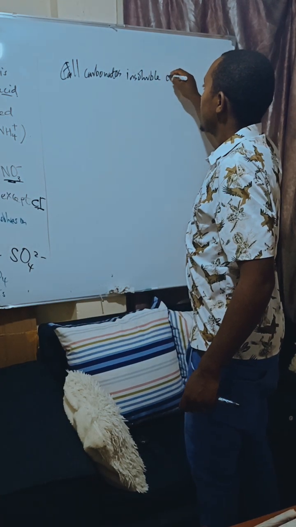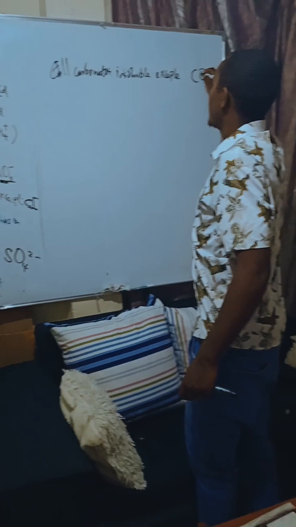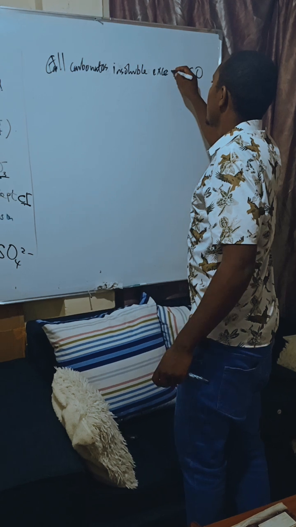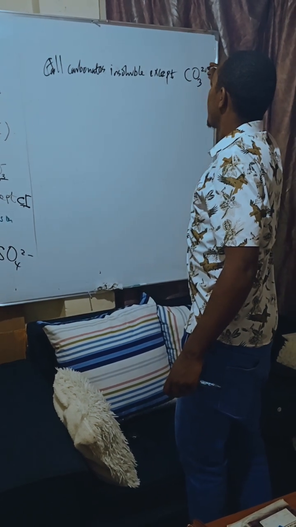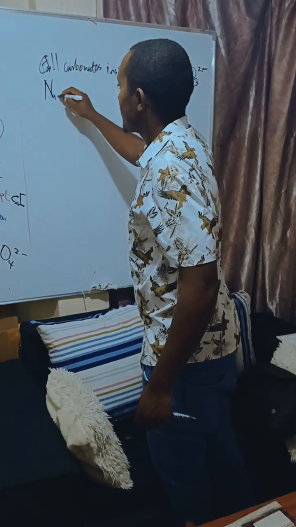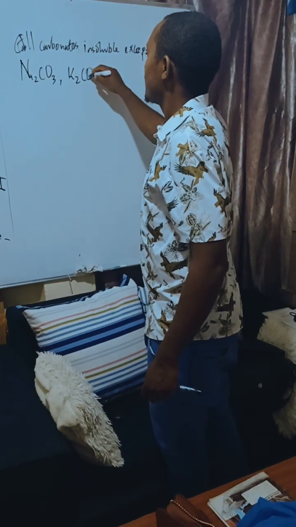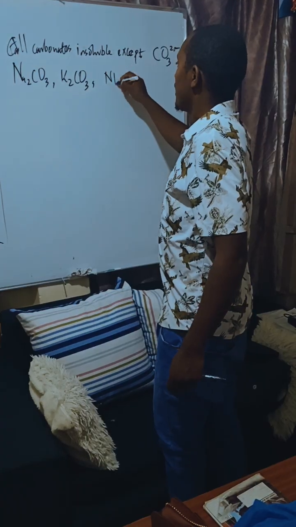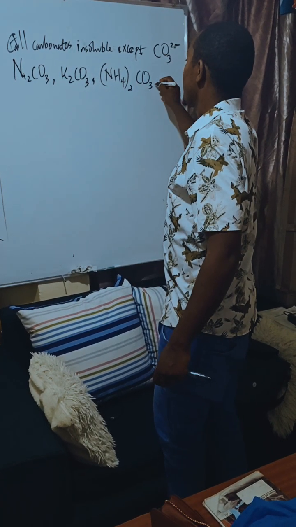All carbonates are insoluble except sodium carbonate, which dissolves in water, potassium carbonate, which dissolves in water, and ammonium carbonate.